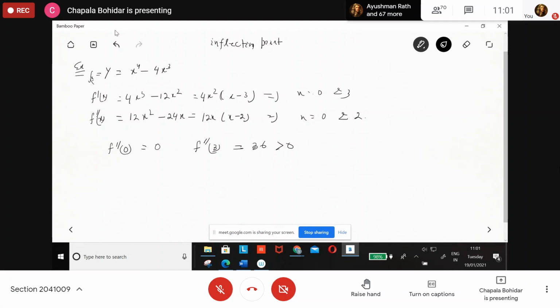But here I am getting it is greater than 0. What do you say about it? Yes, it is local minimum, at 3. So what is the local minimum value? X is equal to 3. What is the local minimum value? F of 3. F of 3 is how much?